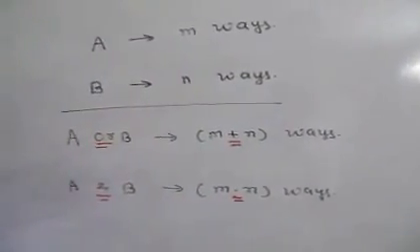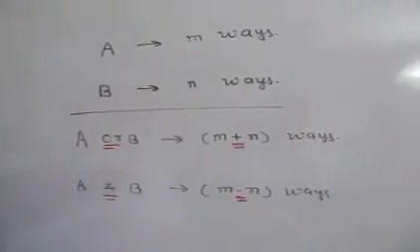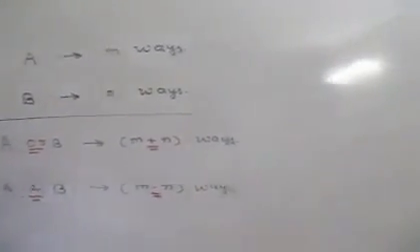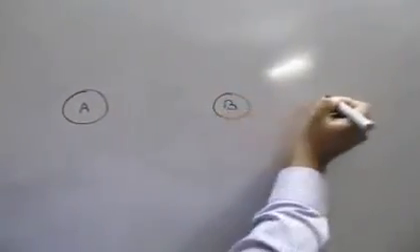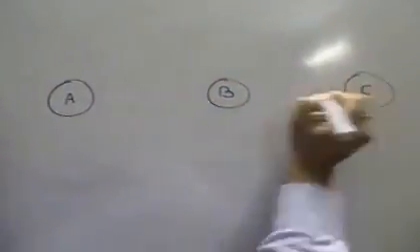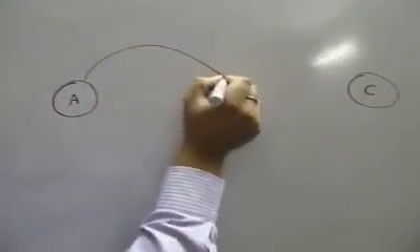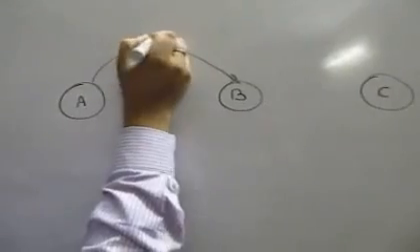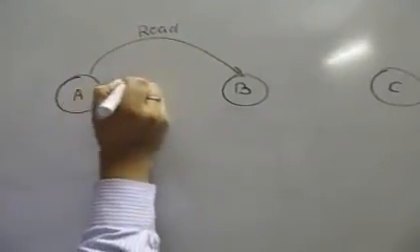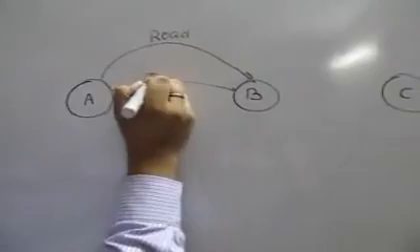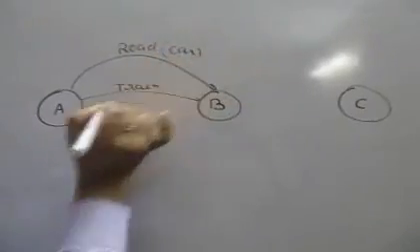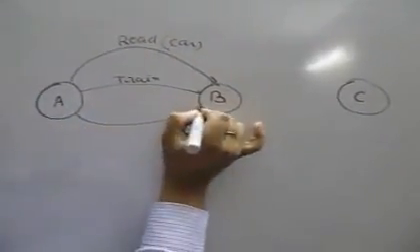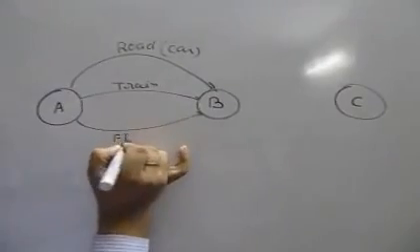To understand this, let us take some examples. First example: let us suppose that we have three cities, city A, city B and city C. From A to B, say we can travel either by road or by train. Road we can take as a car, or train, or by flight.